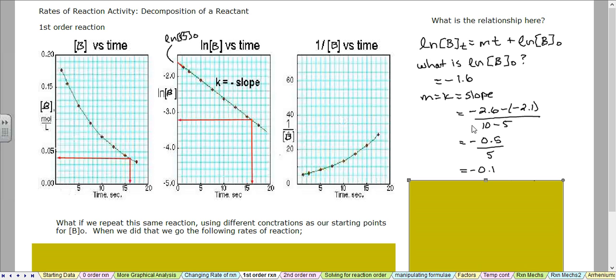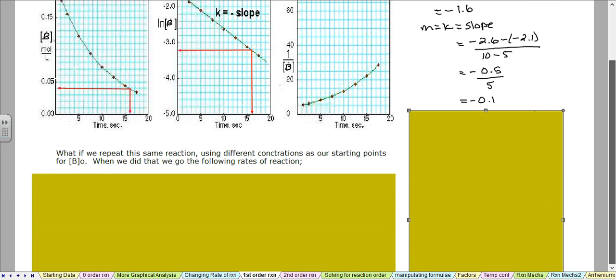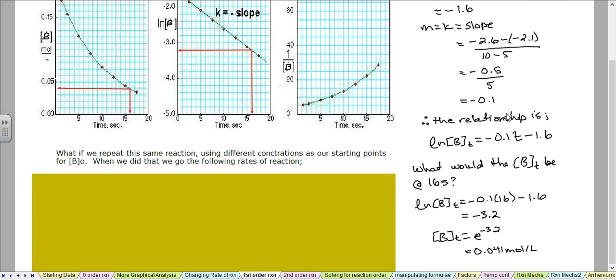So what we get here, we plug our values in. I pick some values along the line, and I calculated the slope for that, and I got my slope to be equal to negative 0.1. So what can I use that for?